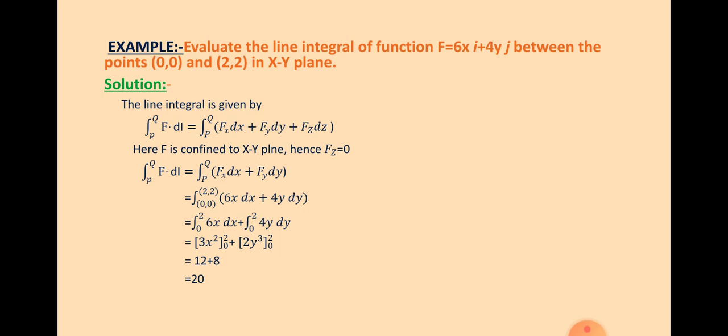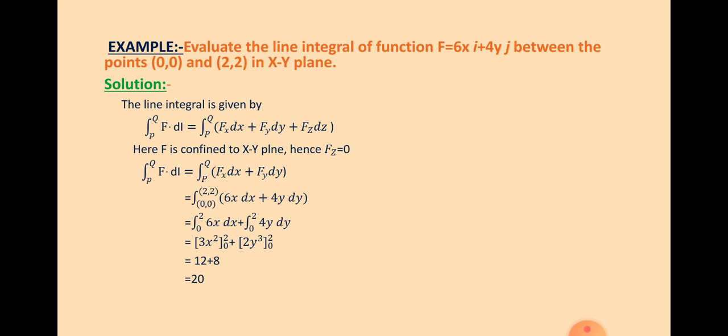Solution. The line integral is given by: normally a line integral means a path, here a path between P and Q. Integral from P to Q of F dot dl equals integral from P to Q of Fx dx plus Fy dy plus Fz dz.